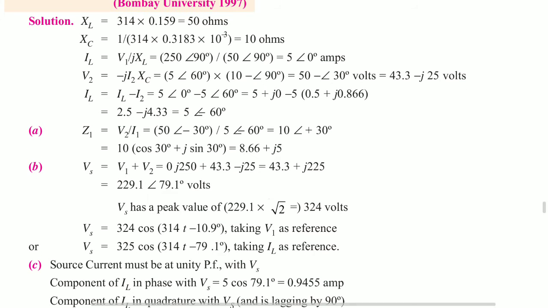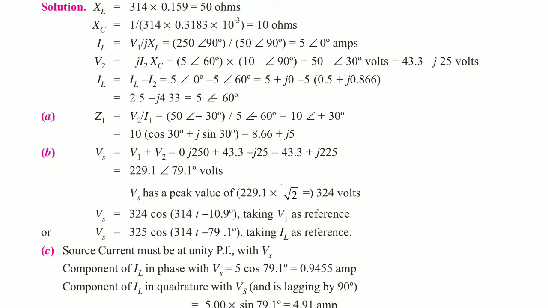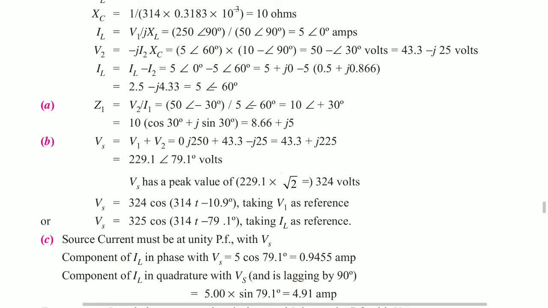Now I1 is equal to IL minus I2, 5 angle of 0 degrees minus 5 angle of 60 degrees, that is equal to 5 plus j0 minus 5 within bracket 0.5 plus j0.866, that is equal to 2.5 minus j4.33, equal to 5 angle of minus 60 degrees.